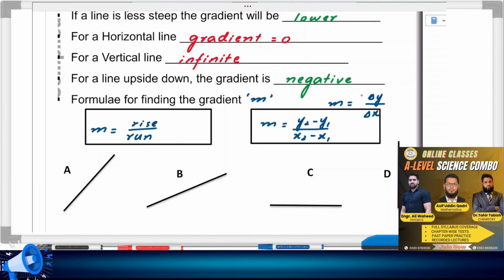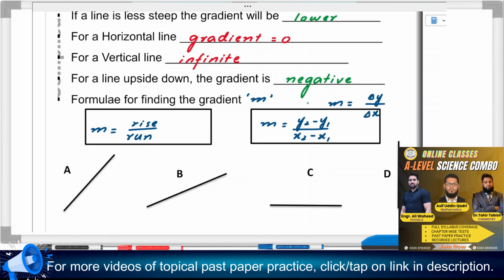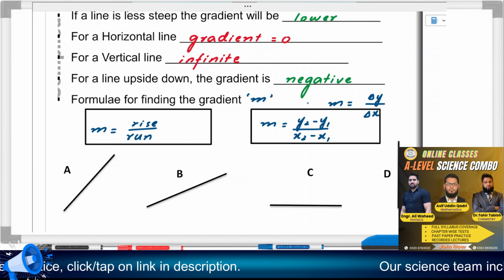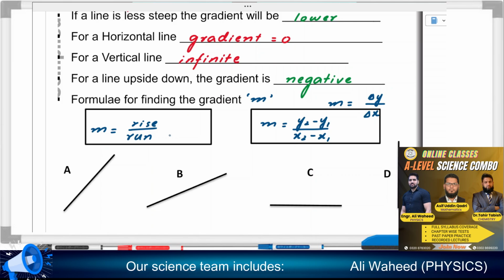How do we find change in y? Like this, y2 minus y1 divided by x2 minus x1. What are these things? These are the coordinates of the 2 points that we choose on the graph, and when we solve the question, I'll explain this.